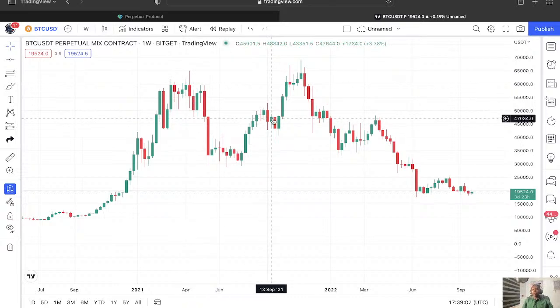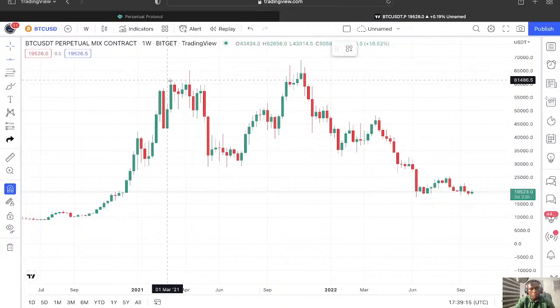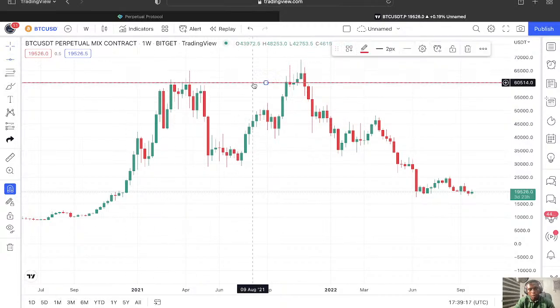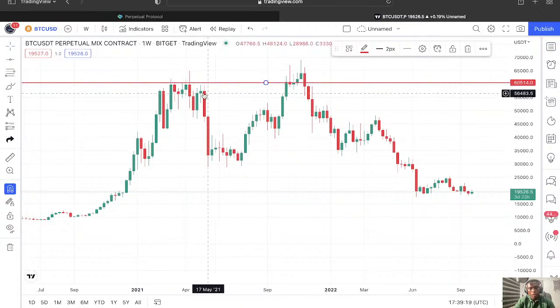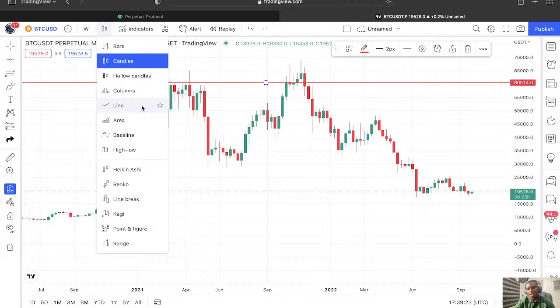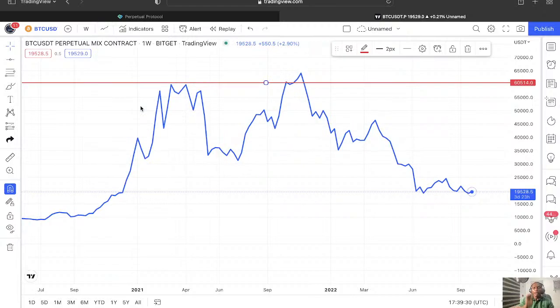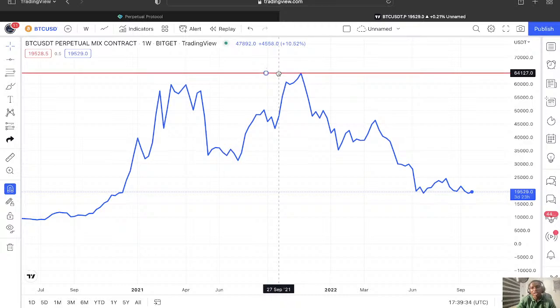Let's identify some key levels here on the BTC chart. Here, this is a resistance level. Let's change to line chart so that we are able to see the edges where we should place our resistance level.